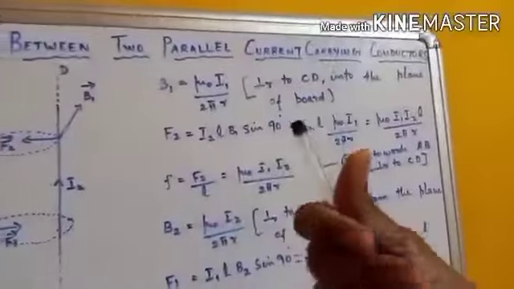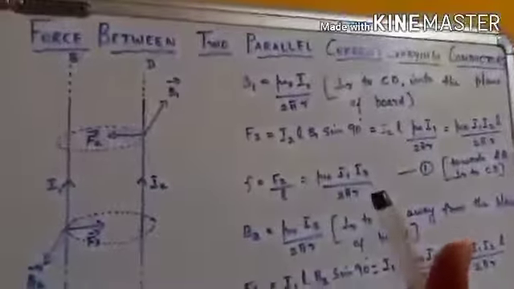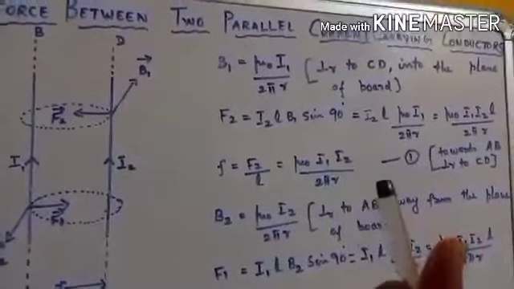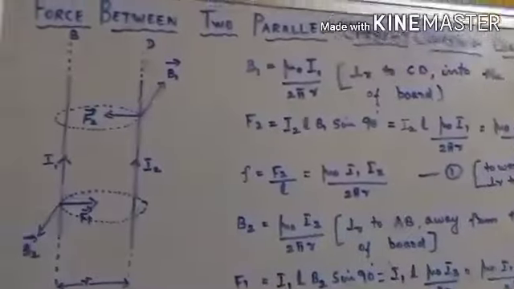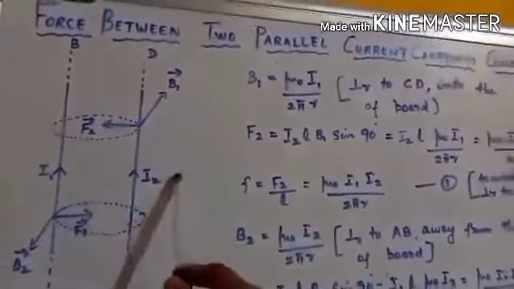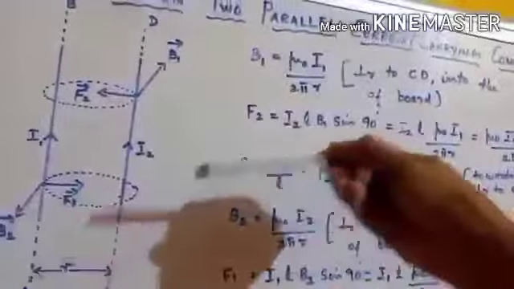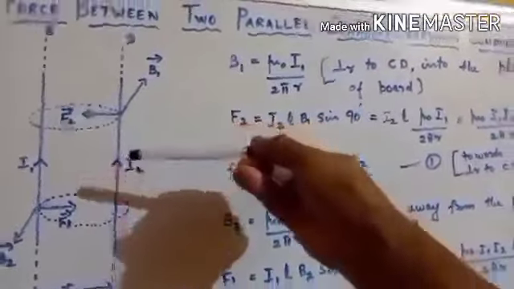In the anti-clockwise direction, you have to find the direction and magnitude of the magnetic field on the second conductor CD. The second conductor CD is to the right side of the first conductor. If these are the magnetic field lines in the perpendicular direction, at this point on the right side, what will be the direction of the tangent?